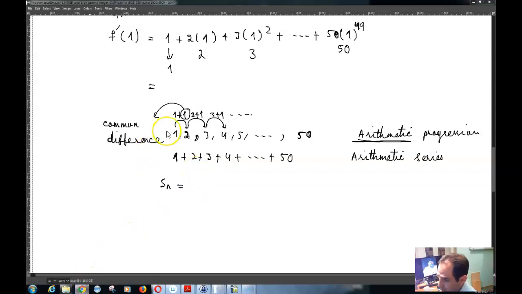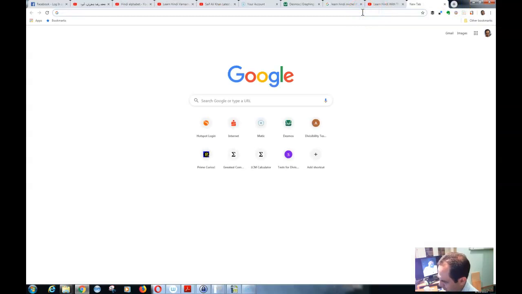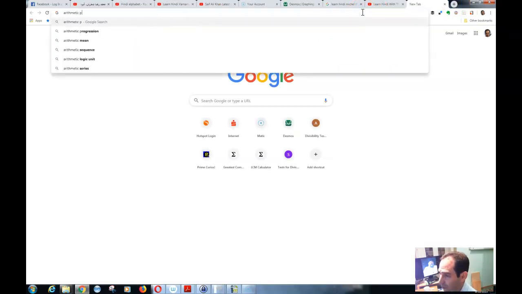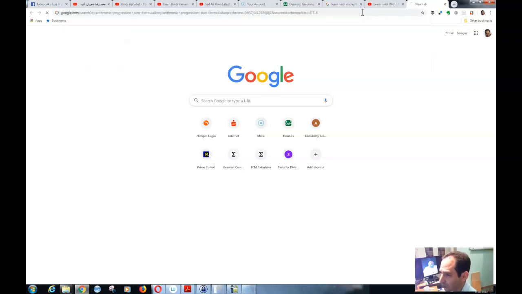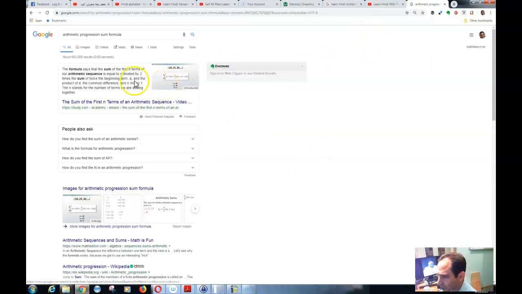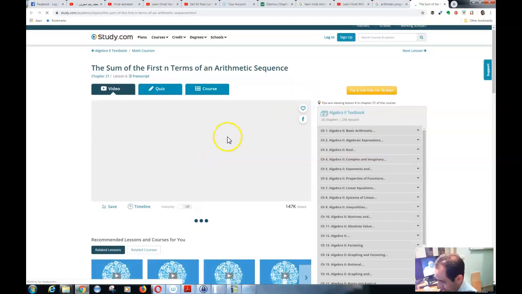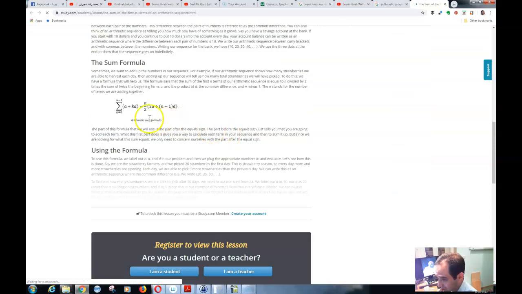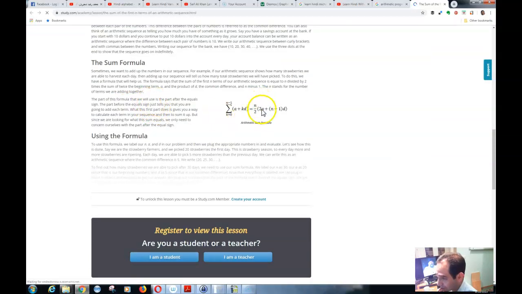Let me look this up. I have forgotten that actually. Arithmetic progression sum formula. Seems that it's n divided by 2 times 2a plus n minus 1 times d. That's the formula.